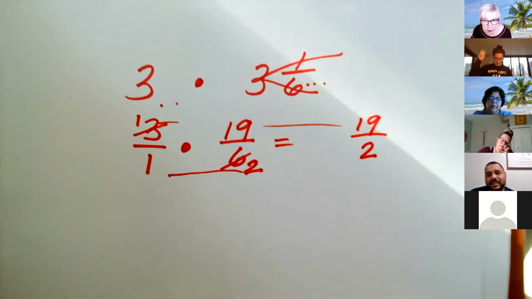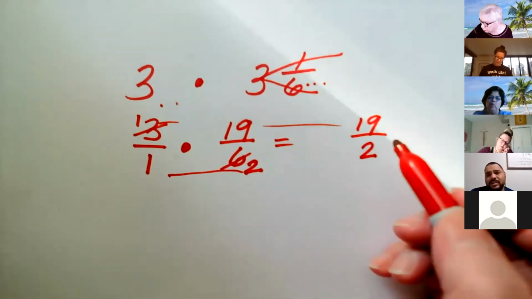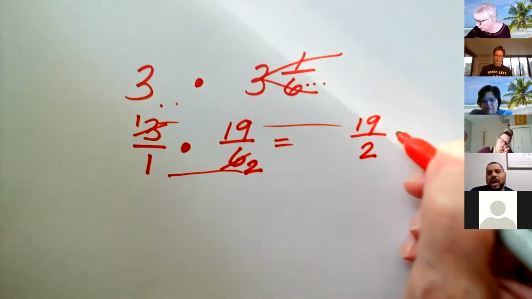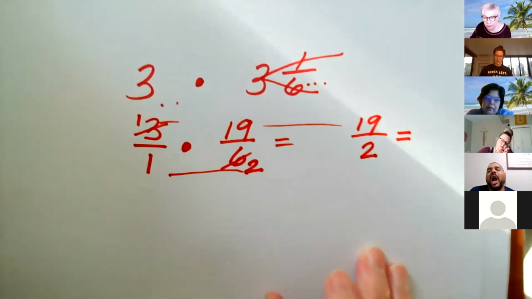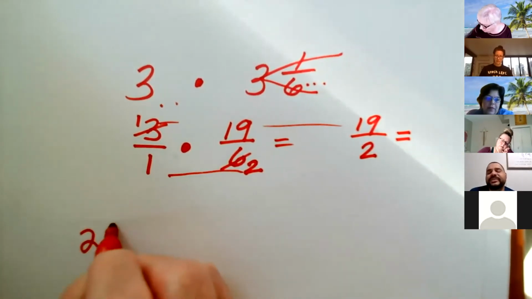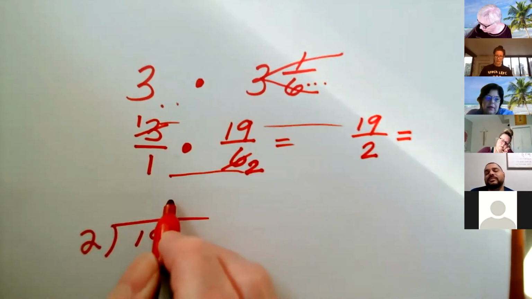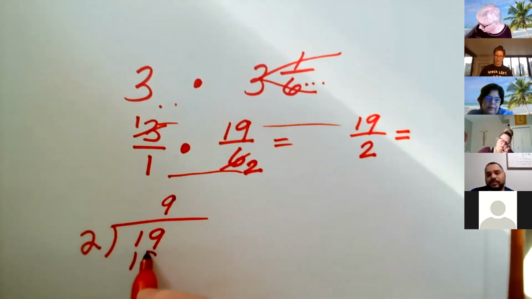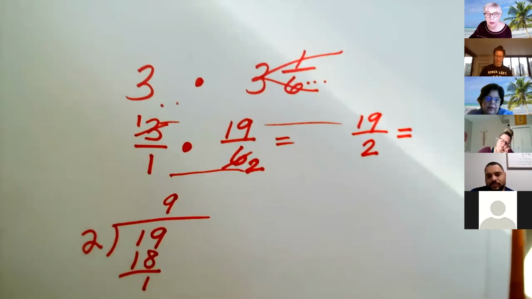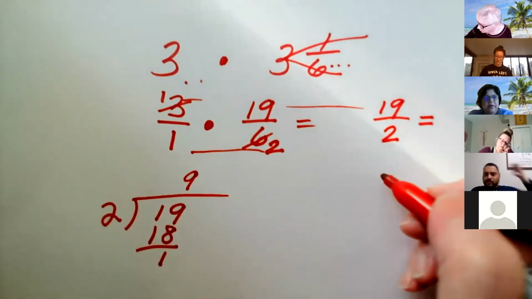And frankly, I don't care if you left it like this because there's no common factors. The book tends to divide it out. This is 9 and 1/2.